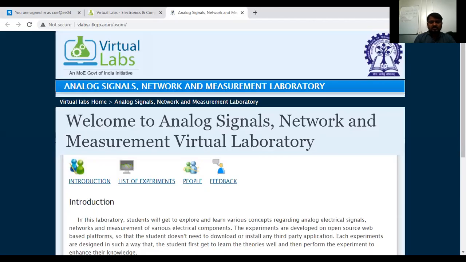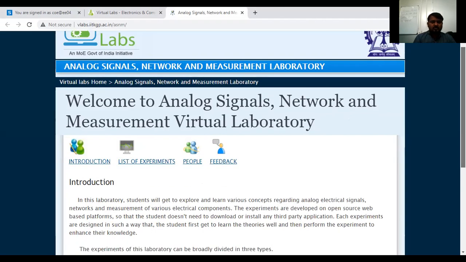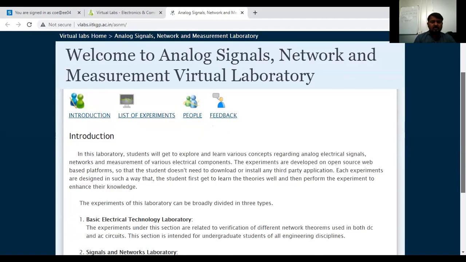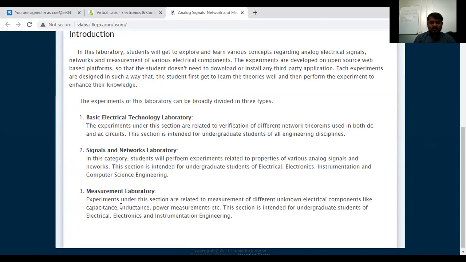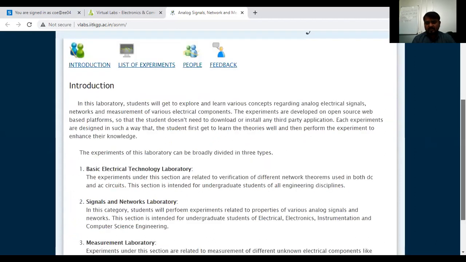Next, the virtual lab home page will come and give the introduction of the subject: a basic electrical technology laboratory, signals and network laboratory, measurement laboratory. In this laboratory, students will explore and learn various concepts regarding analog electrical signals. In the next semester you will get one subject, analog circuits and digital circuits.